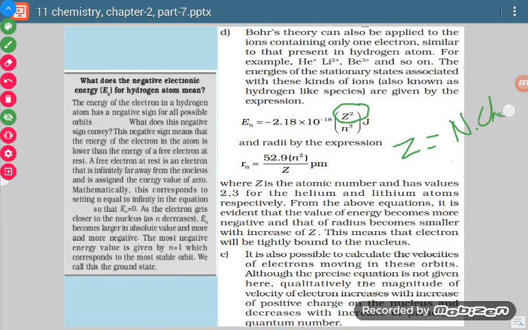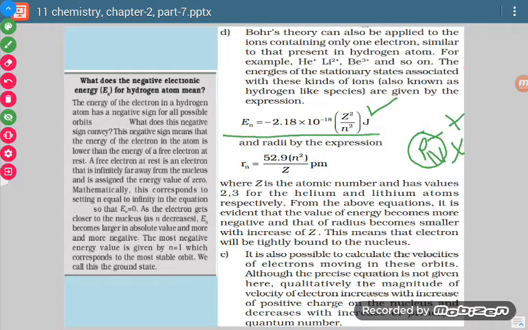Nuclear charge is on the basis of the number of protons, because the nucleus contains protons and neutrons. There is no charge on a neutron, but there is positive charge on protons. So whatever is the number of protons in an atom, that will be given by Z. So we will put in place of Z the value of the nuclear charge, which will be positive, and we will get the value of energy of the electron in hydrogen-like atoms.